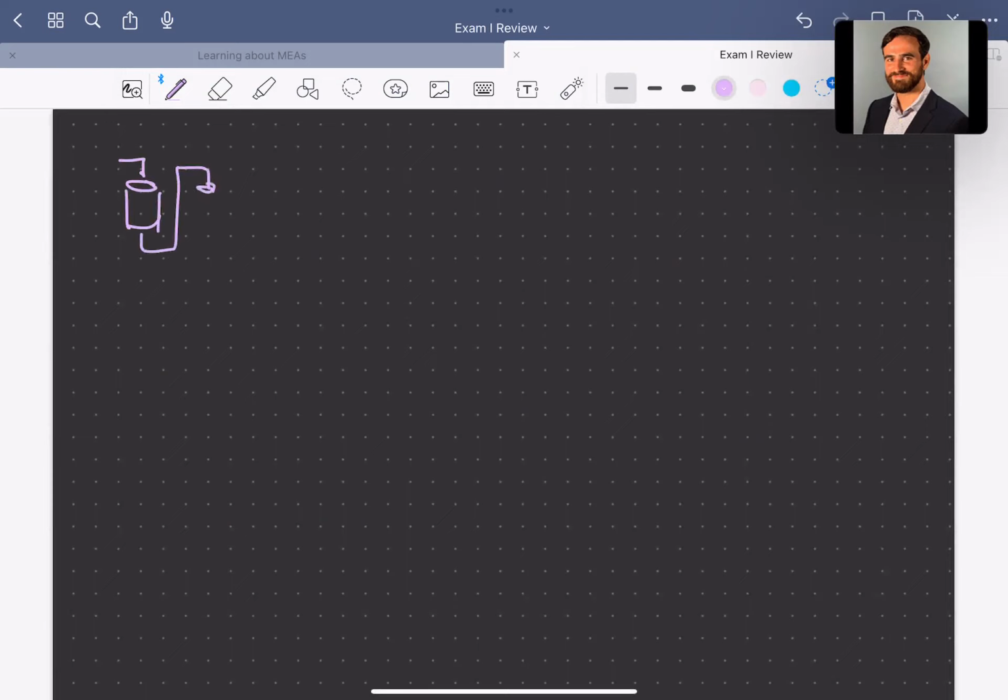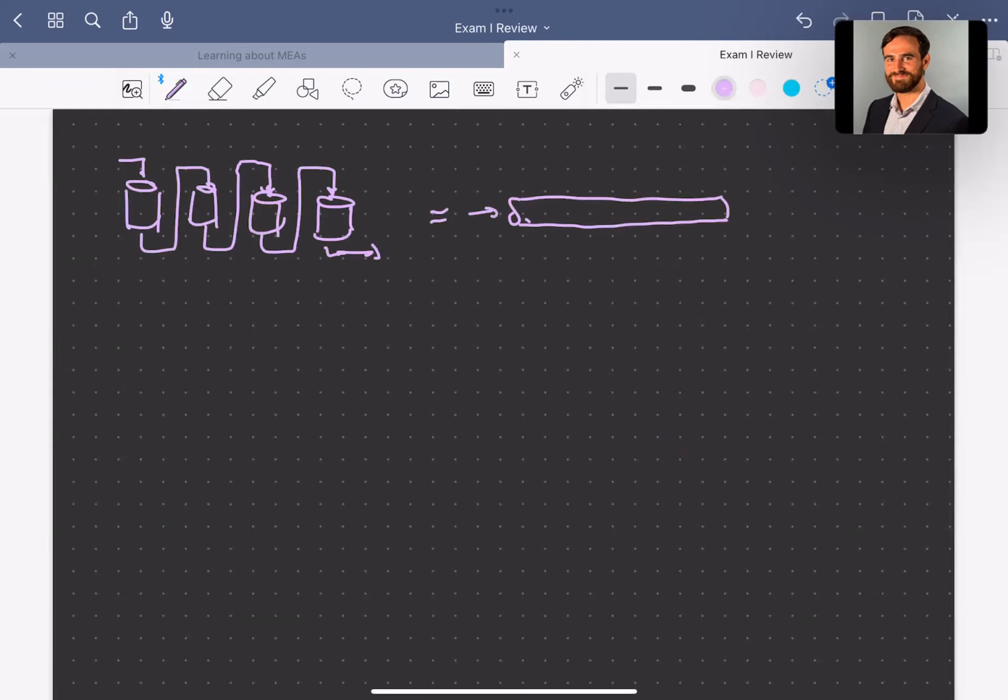many, many CSTRs in series. This approximates the performance of one plug flow reactor. And so physically why this makes sense is because the CSTR essentially has well-mixed fluid. And so you can think of these small CSTRs as differential cross-sections along the length of that tubular reactor.